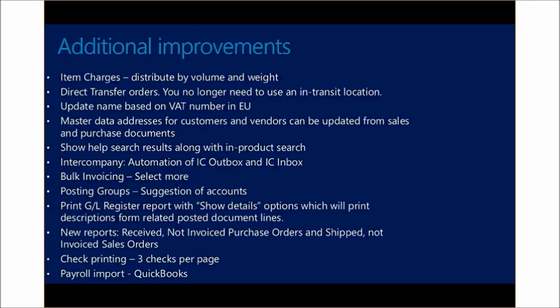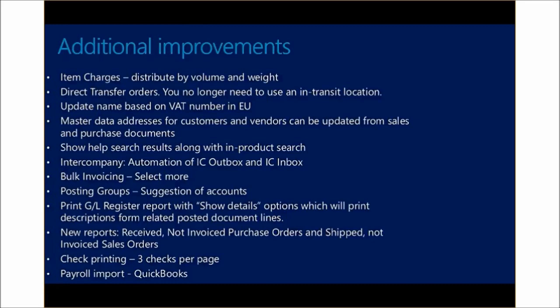Master data addresses for customers and vendors can be updated from the sales and purchase documents now as you update those. Also, when you do a search with your magnifying glass, we have the ability to show the actual end product, the help information. When you do a search, it'll give you to where you go to the help information for that as well in the search.